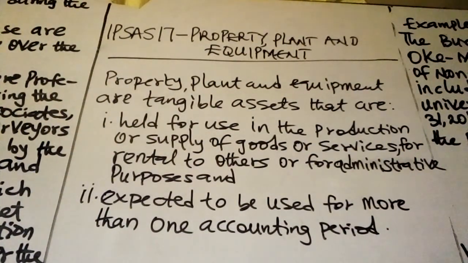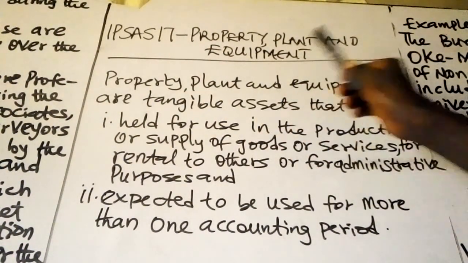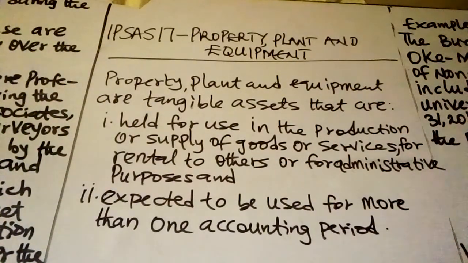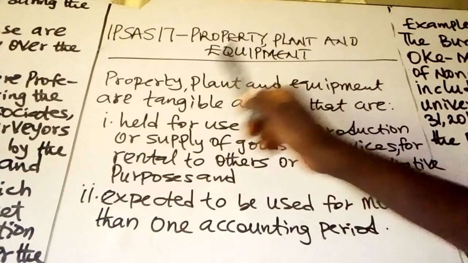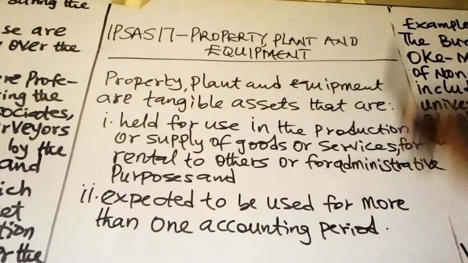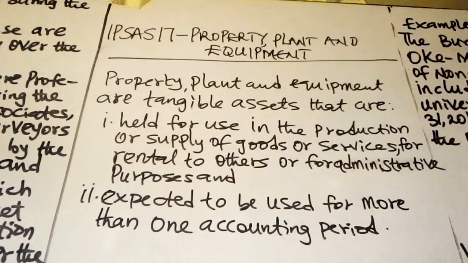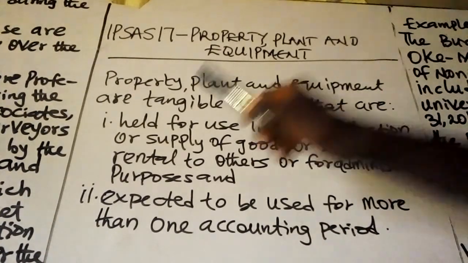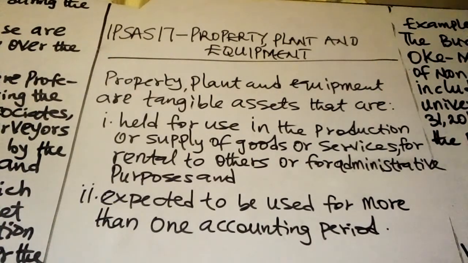IPSAS 17, Property, Plant and Equipment. Property, plant and equipment are tangible assets that are held for use in the production or supply of goods or services, for rental to others, or for administrative purposes.